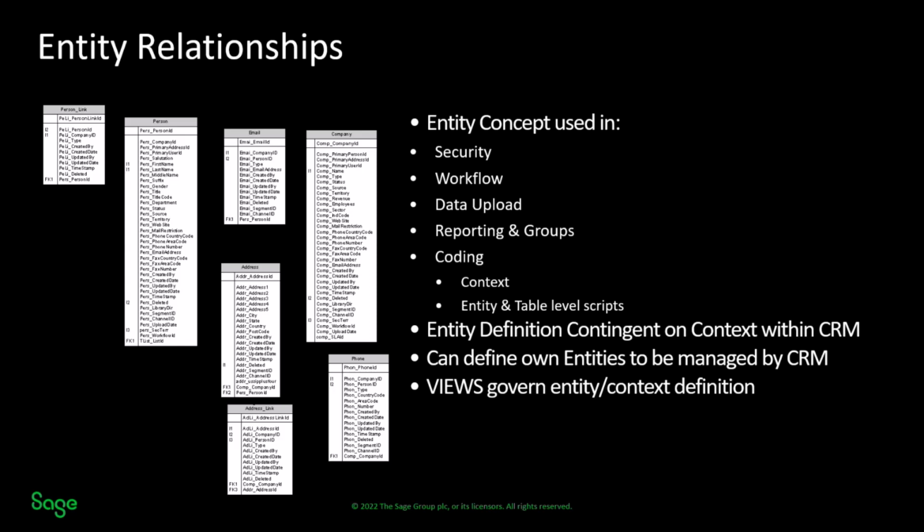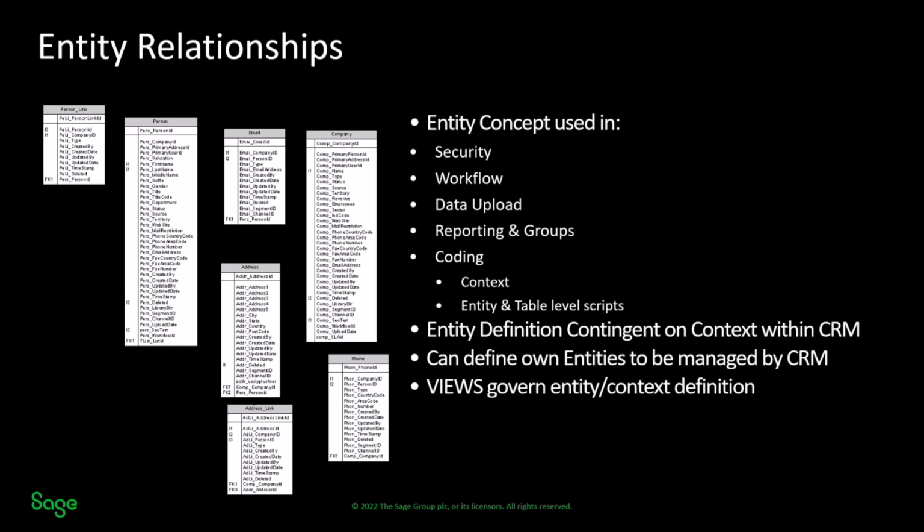We have a concept inside Sage CRM of entities, which is closer to a logical business object rather than strictly an entity in terms of relational database theory, which would mean the lowest element of definable sort.